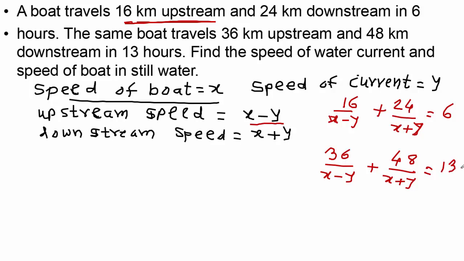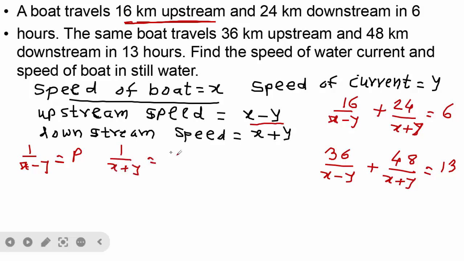We got these two equations and we have to find the values of x and y. But we know that variables must be in the numerator, they should not be in the denominator. Therefore, we shall write 1 upon x minus y equal to p and 1 upon x plus y equal to q.